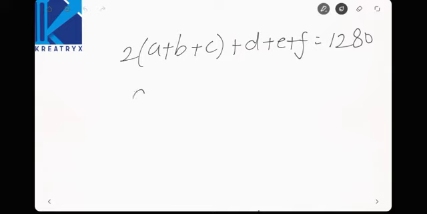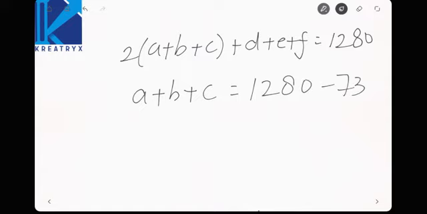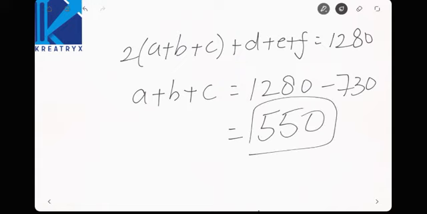So only A plus B plus C is left. So the remaining value will be 1280 minus 730. 1280 minus 730 will be equal to how much? 550. So the answer will be 550.